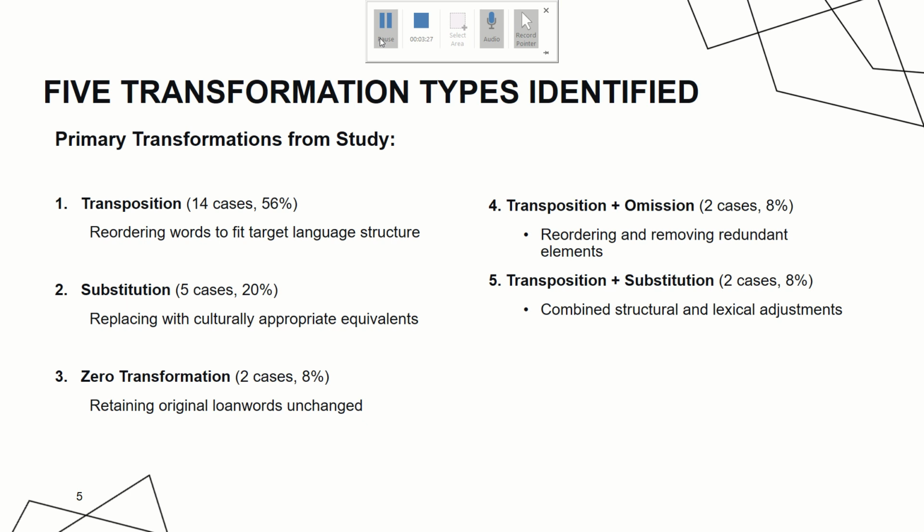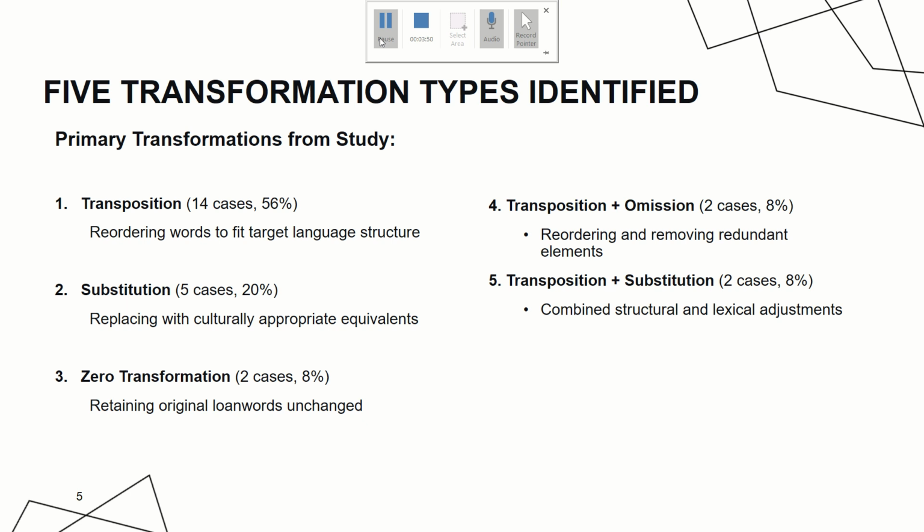Substitutions, 5 cases, 20%, replacing terms with culturally appropriate equivalents. Zero transformation, 2 cases, 8%, retaining original loan words without change.